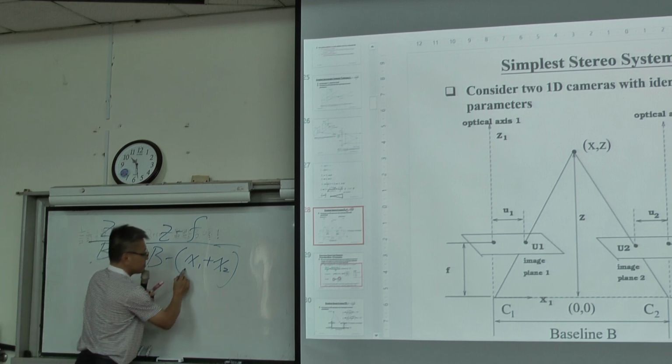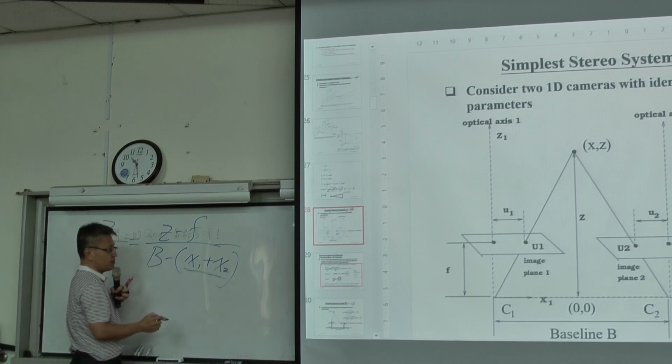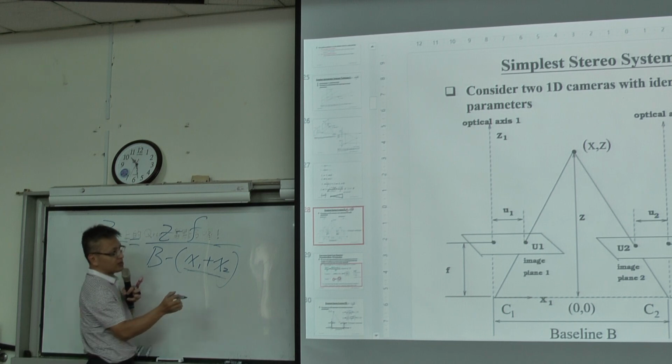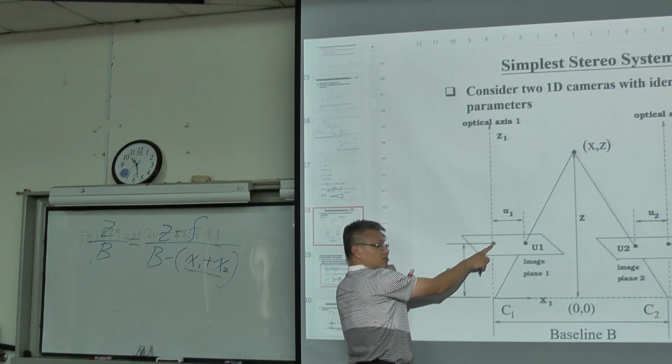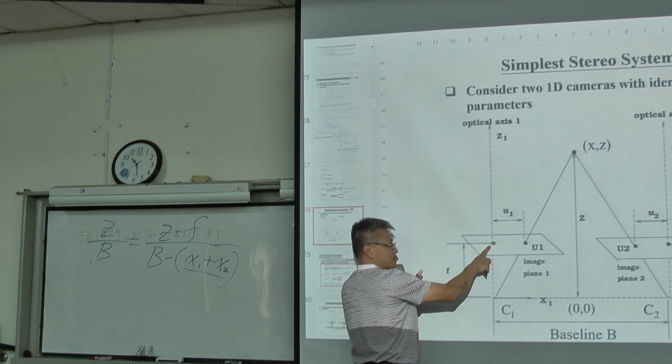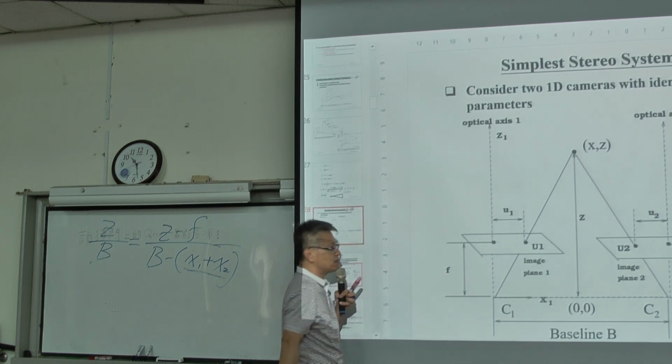Because in this case, x, suppose this is 0, 0 from the image 0, 0, so this is positive, 这正的 x1.